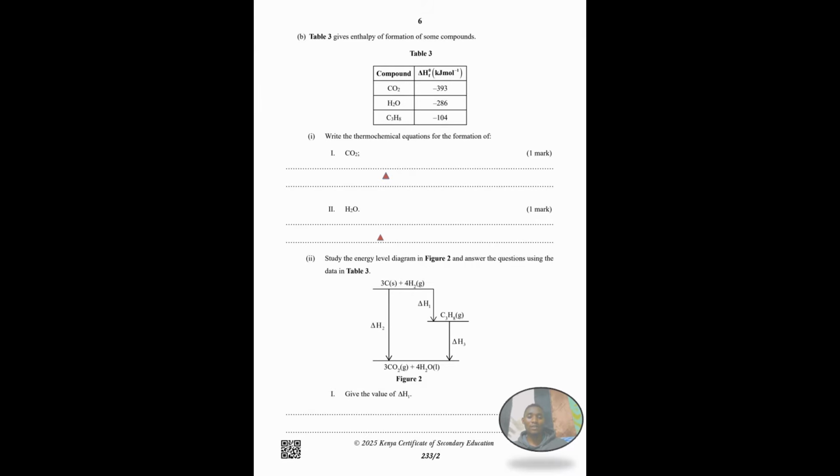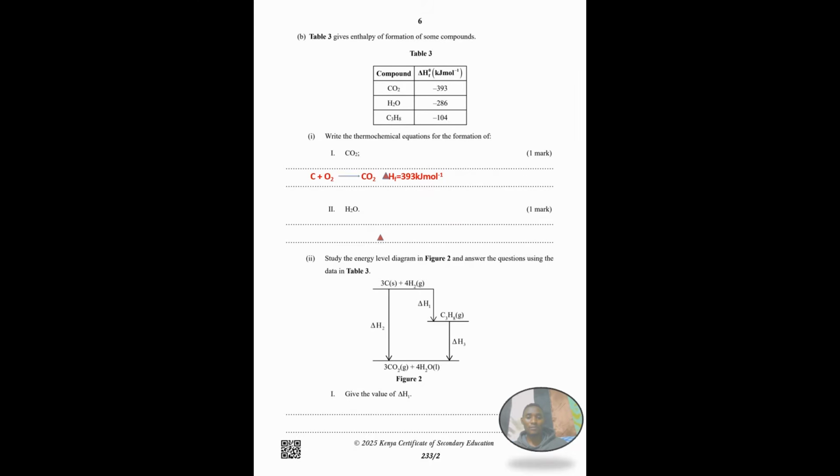So in this case, we need to look for the elements that lead to formation of carbon dioxide. The elements that form carbon dioxide are carbon and oxygen, and the product must be 1 mole. So I need carbon plus oxygen that will lead to formation of 1 mole of carbon dioxide.